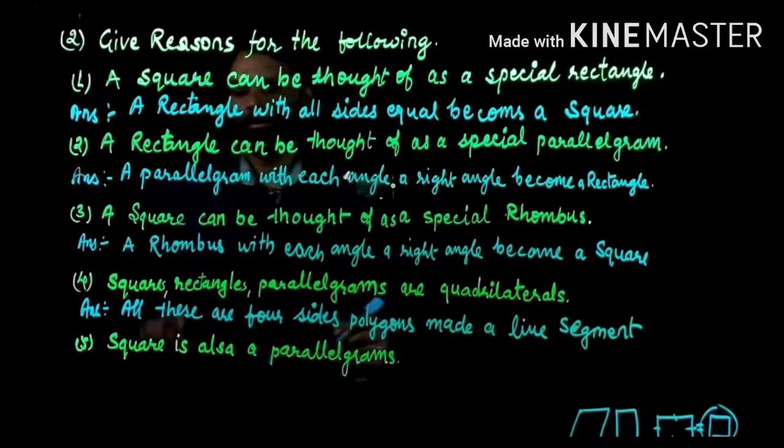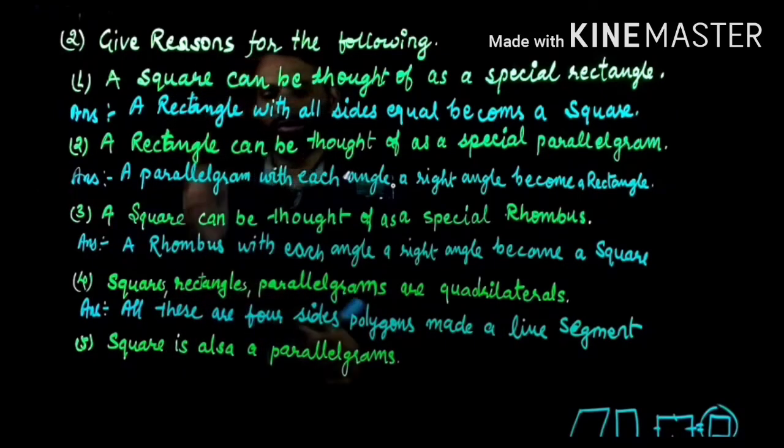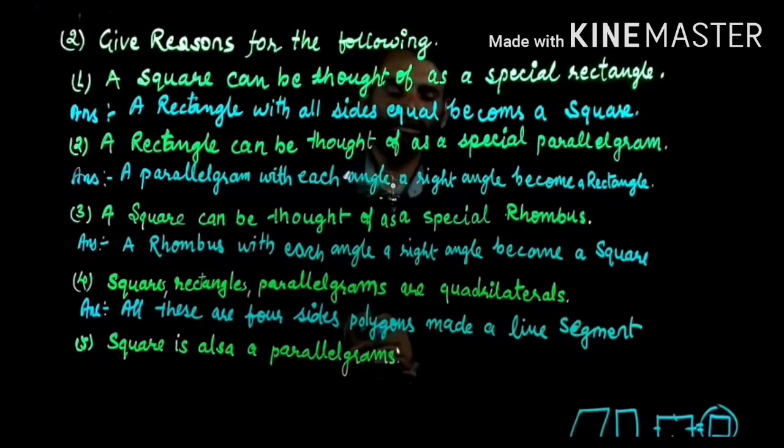Okay, again square, rectangle, parallelogram are quadrilaterals. Yes, because all these are four-sided polygons made by line segments.